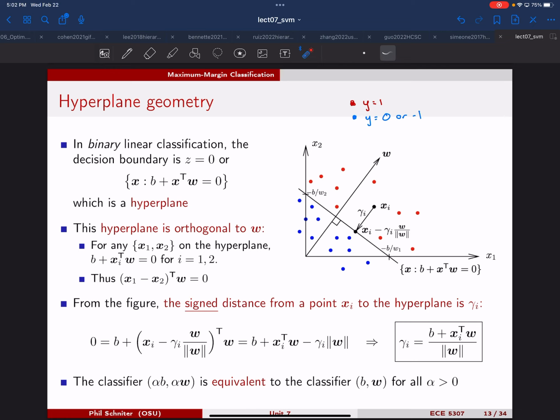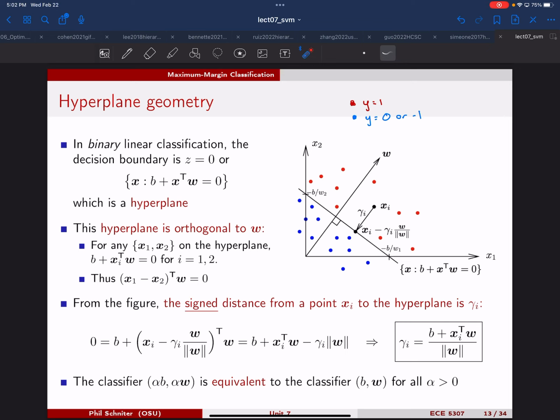So by maybe focusing on the training points that are closest to the line, that might be a more robust way to design a classifier than getting distracted by these ones, which are very easy to classify. That's the idea behind the methods in this section.